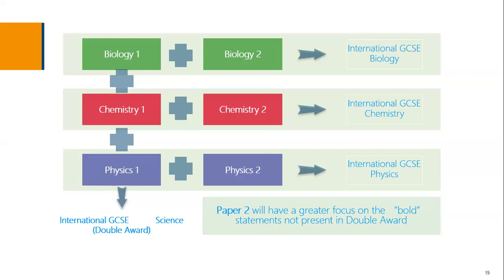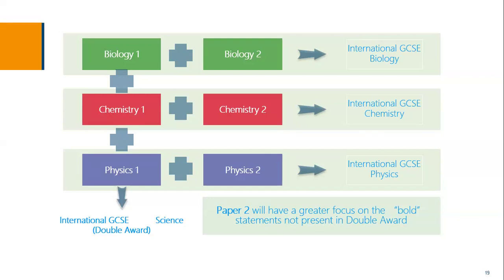So to obtain an international GCSE in biology, you need paper 1 and paper 2, and the same for chemistry and physics. To obtain a double award science, international GCSE in science, you need paper 1 from biology, paper 1 from chemistry, and paper 1 from physics.